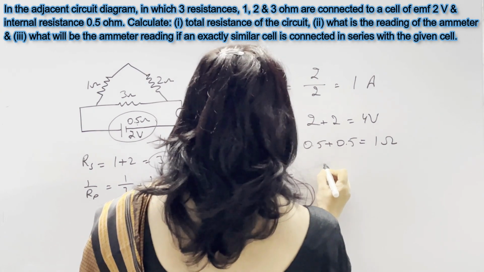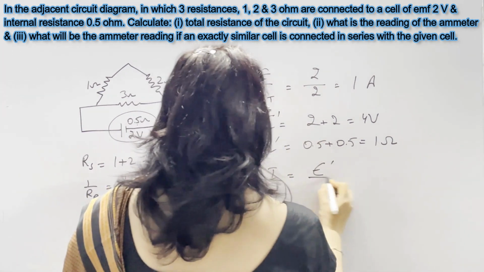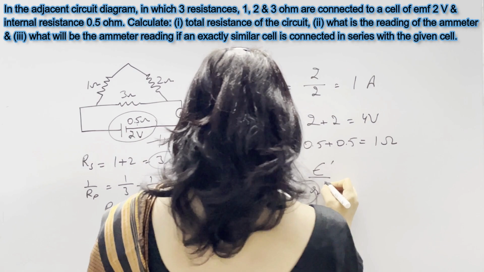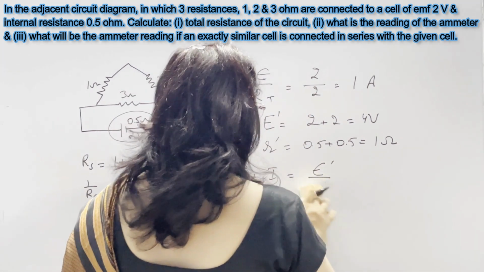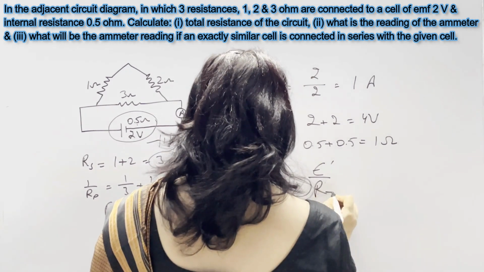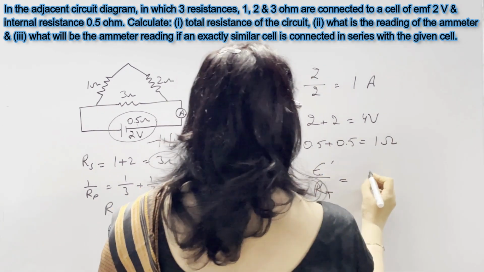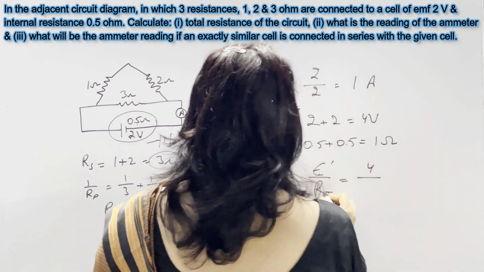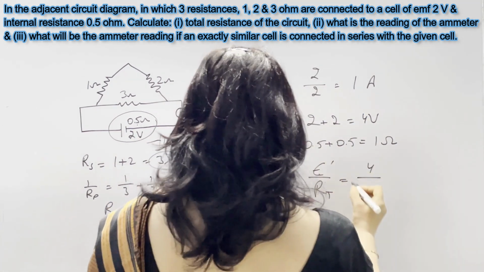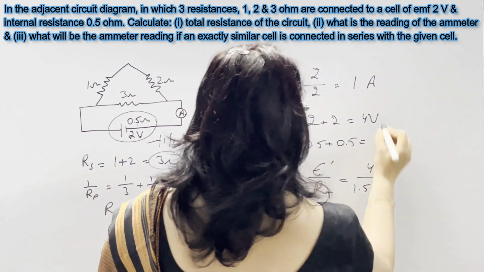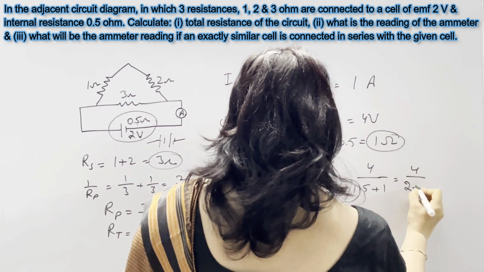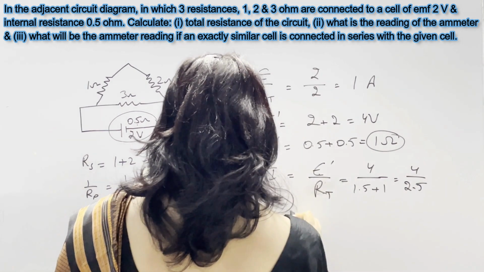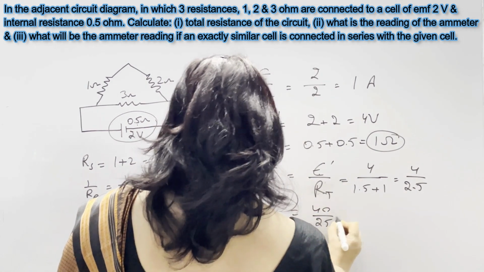Now the changed EMF, and then the changed internal resistance plus total resistance. We can take the total resistance here also. So EMF and total resistance: the new EMF is 4 volt, the total is 1.5 initially and then the new internal resistance, so 4 upon 2.5, which is 40 upon 25.